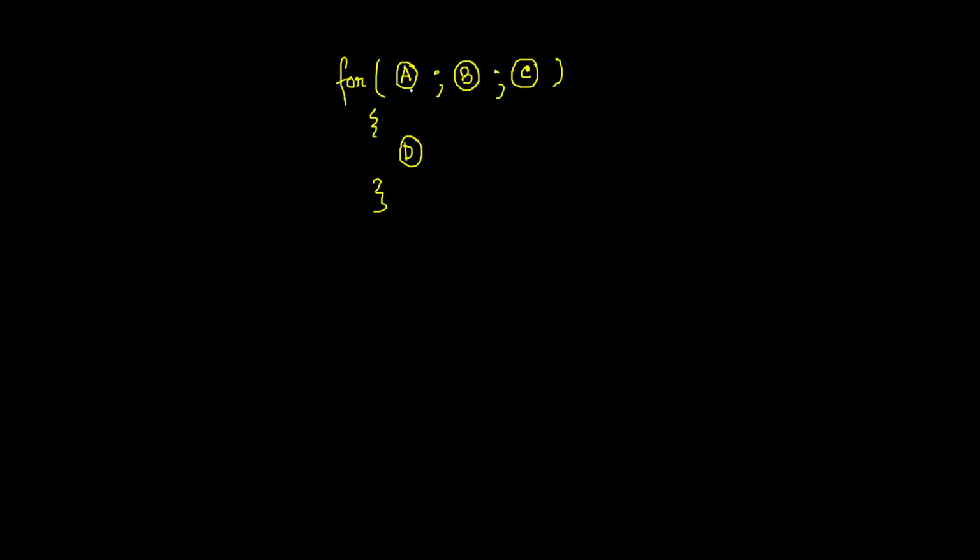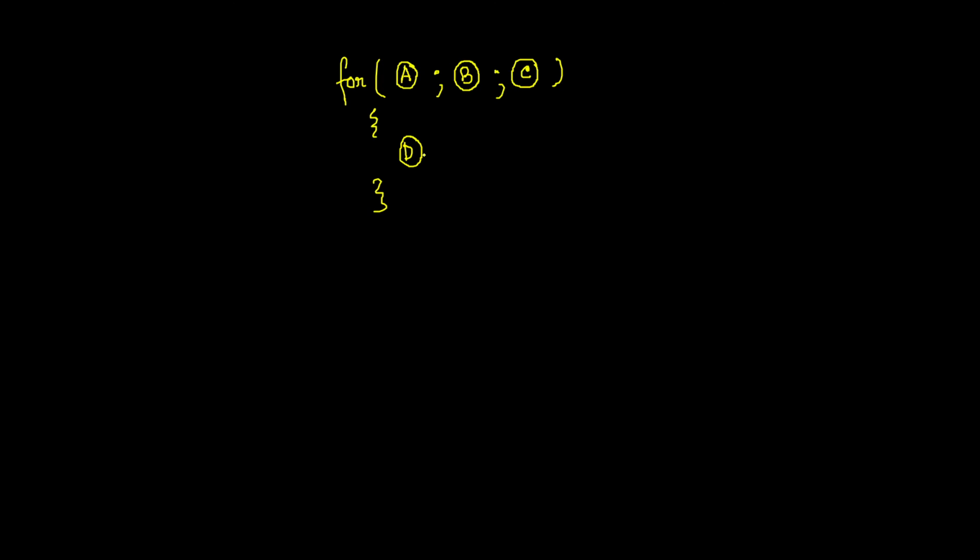Generally, we know that A is the initialization part, B is the condition checking part, C is for increment or decrement, or change of the loop variable that we are using as a counter in the loop, and D is the part that I want to execute more than once.